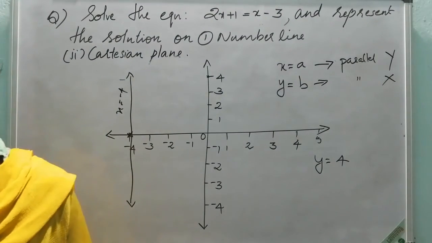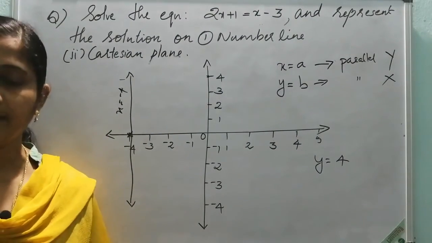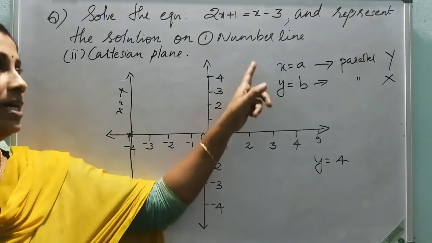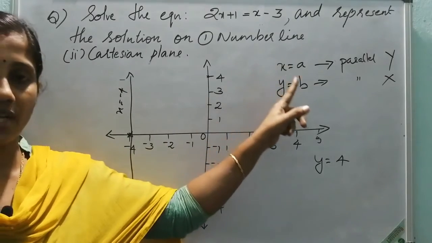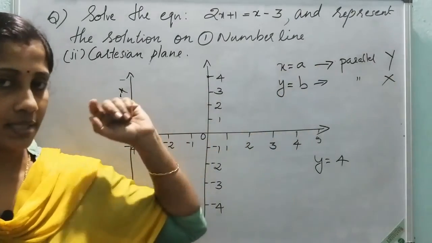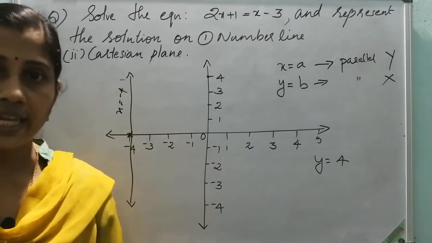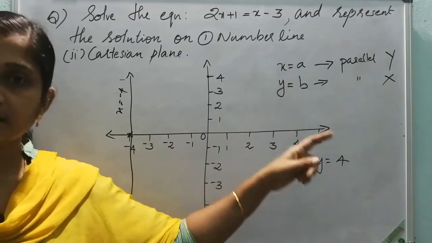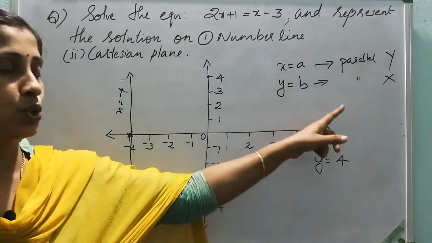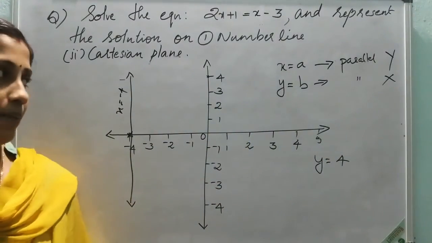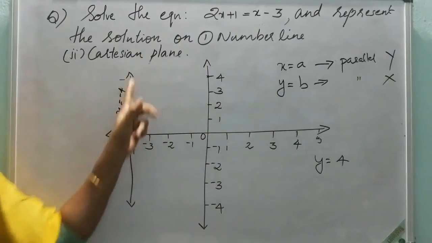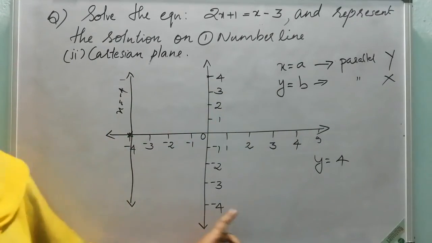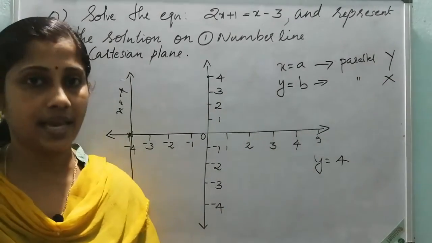Note 1: x is equal to a is a straight line parallel to y axis. Then write a second note: y is equal to b is a straight line which is parallel to x axis. Okay, note it there. X is equal to a is a line parallel to y axis, and y is equal to b or minus b is a line parallel to x axis.